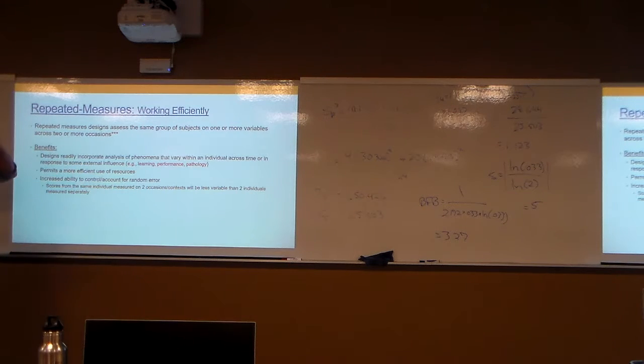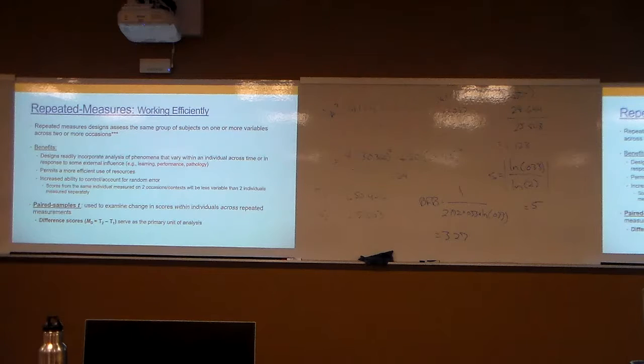And so what these repeated measures designs do is they reduce some of that individual difference variability, which makes for a much, much, much more powerful design. The most basic example of our repeated measures design, they get far more elaborate than this, is our paired sample t-test. What we're doing is examining change scores within individuals across repeated assessments, looking at difference scores.